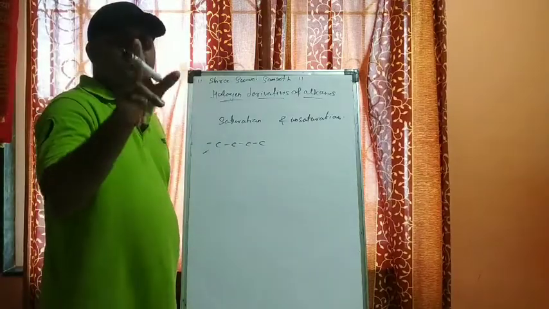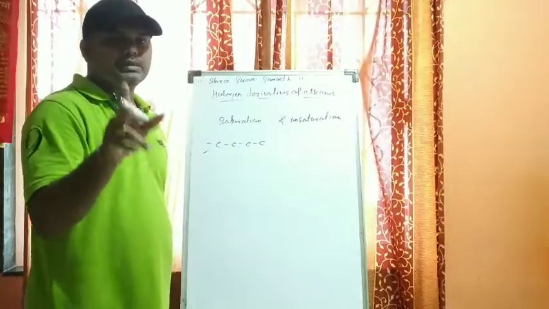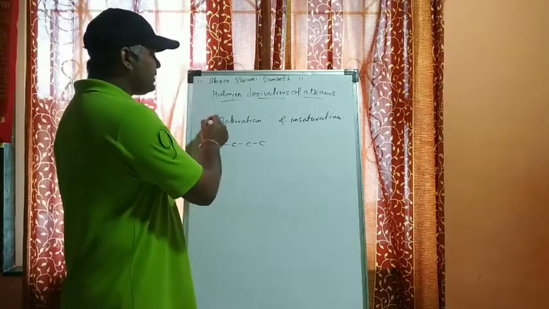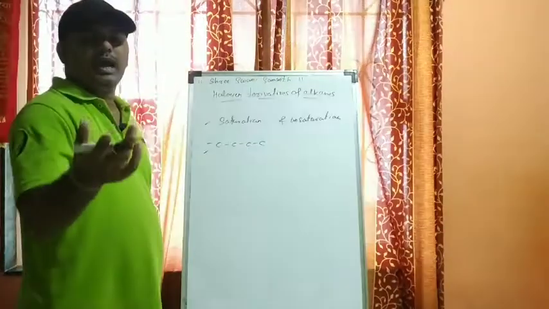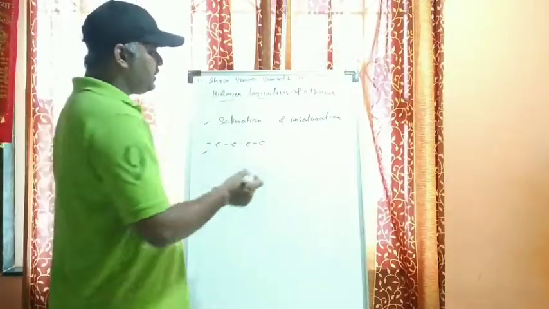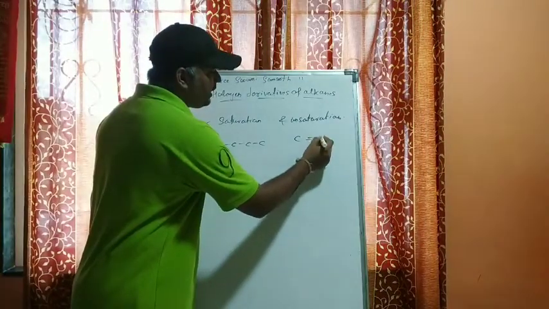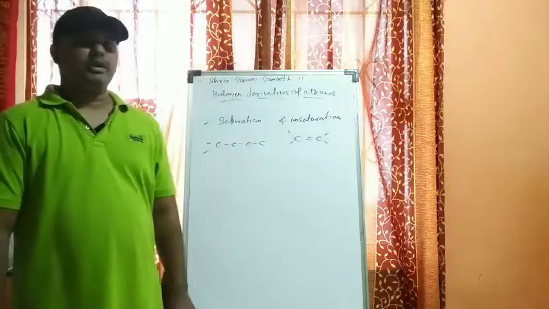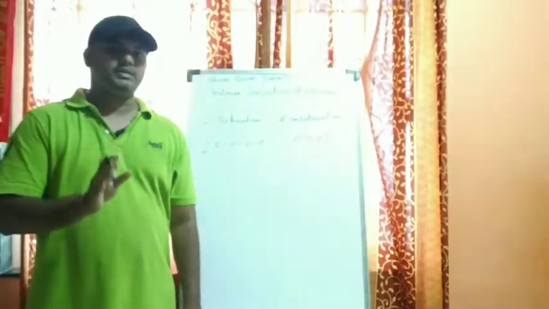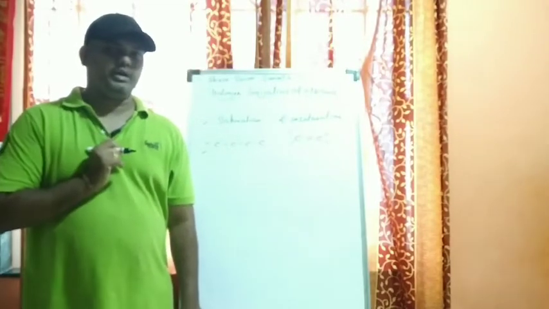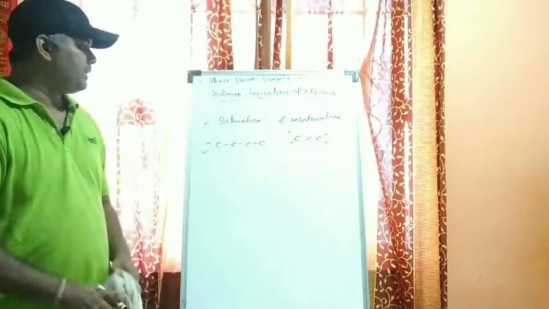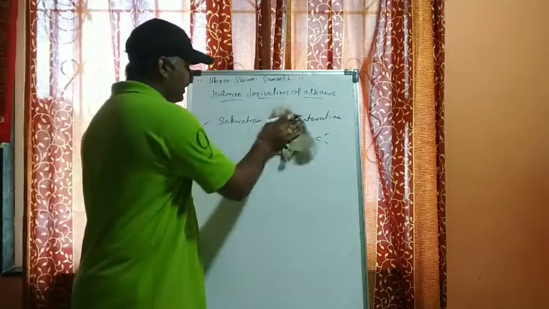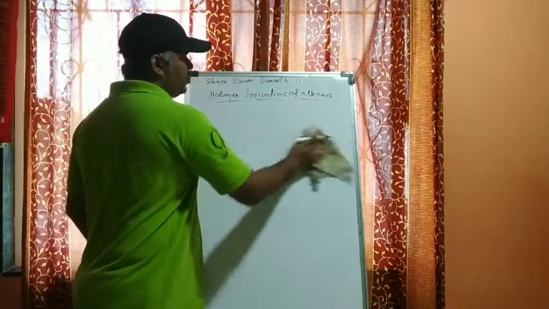There is no presence of a double bond. That is what is called a saturated compound. There is only the presence of single bonds. Unsaturation means compounds containing double bonds are said to be unsaturated compounds. Are you understanding? We are going to see the saturated as well as the unsaturated compounds in both cases.